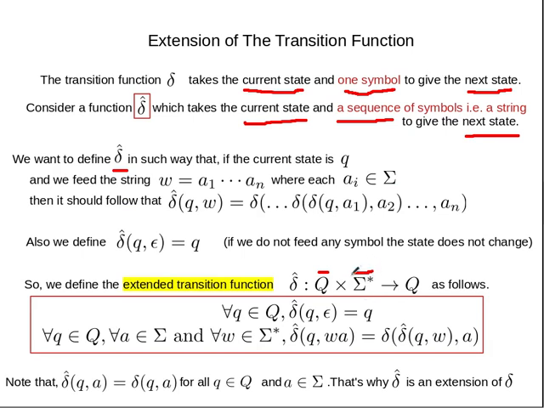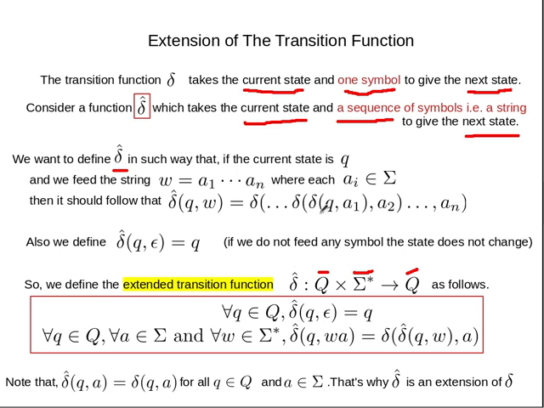So after processing all these symbols, what will be the state? So that is what this delta hat should return. And this delta hat is completely determined by delta, right?